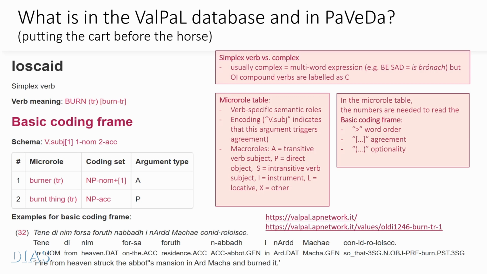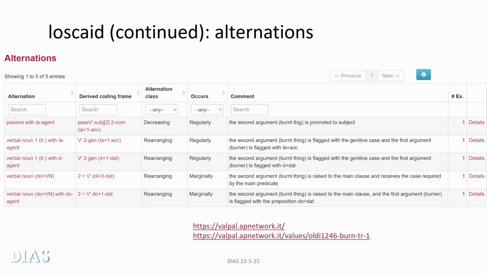Then you have examples. They are coded examples. Here you have an example, and the examples are mainly taken from CorPH, as we shall see. And on the same page, you also have at the bottom the alternations. We'll come back to the alternations later on. So, for example, the passive and the various constructions with the verbal noun are attested for this verb, loscad.